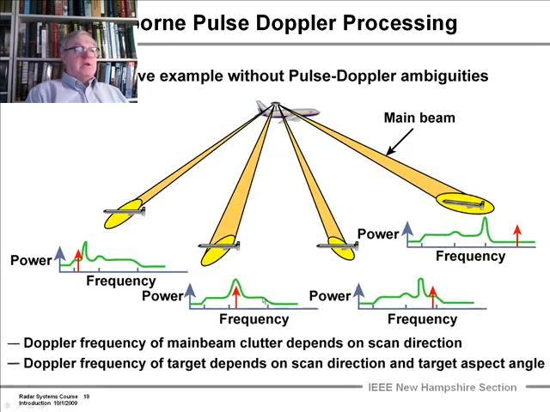This clutter out here on the side is from the side lobes. That's detected from the side lobes of the antenna. And here, the main point is to point out that the Doppler frequency of the main beam clutter depends on the scan direction and the Doppler frequency of the target depends on the scan direction and the target aspect.